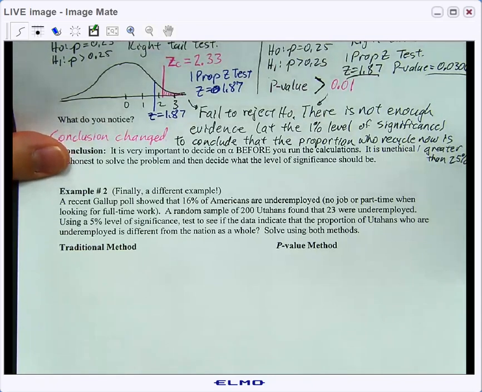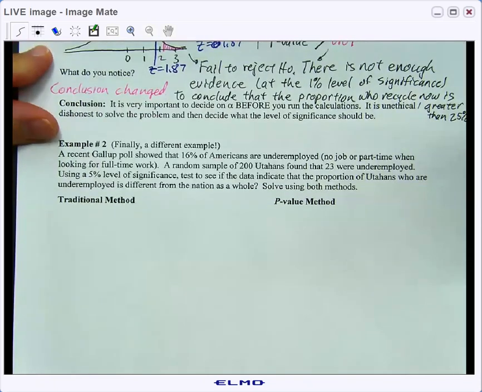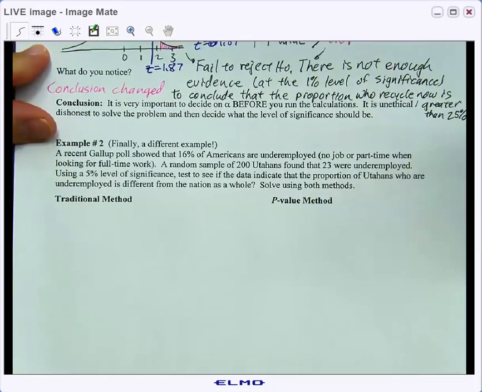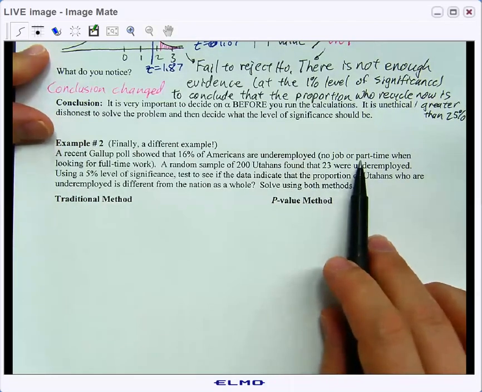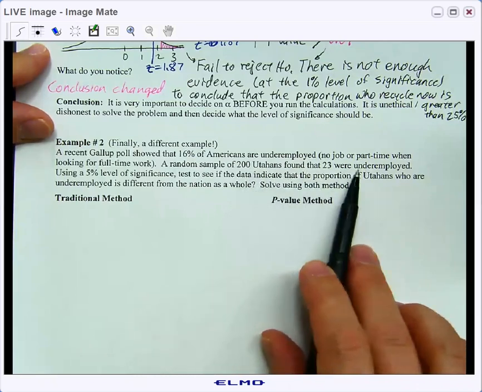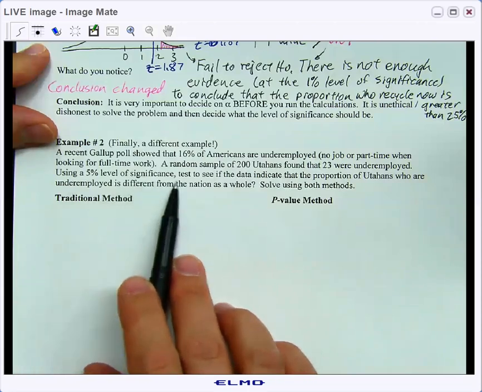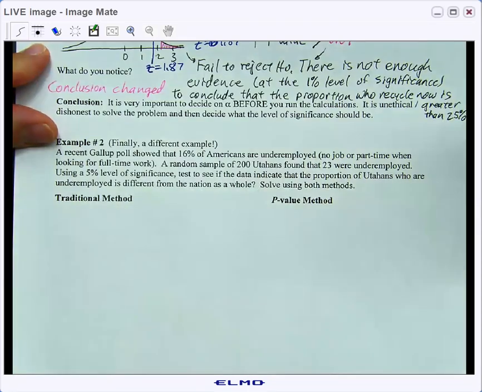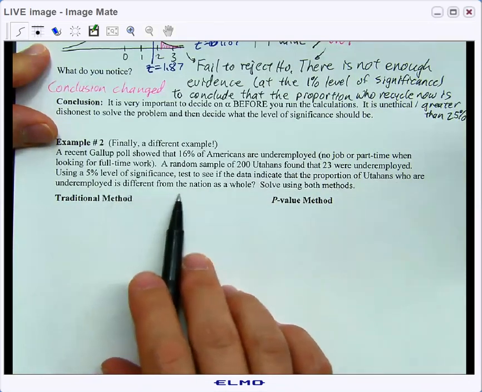So finally, let's look at another example here. I want you to practice on this one using both methods. A recent Gallup poll showed that 16% of Americans are underemployed. They have either no job or part-time work when they're looking for full-time work. A random sample of 200 Utahns found that 23 were underemployed. Using a 5% level of significance, test to see if the data indicate that the proportion of Utahns who are underemployed is different from the nation as a whole.